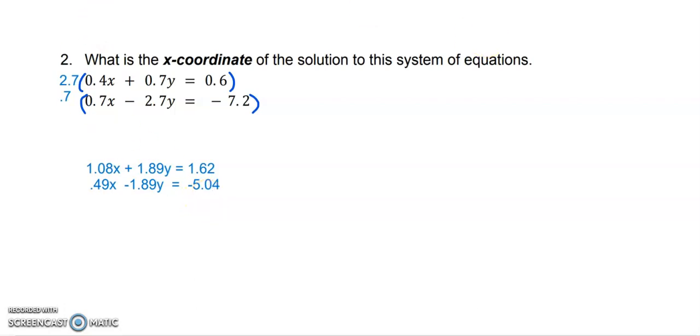So now I'm going to line these up to eliminate and add my plus sign. So 1.08 plus 0.49 is equal to 1.57.